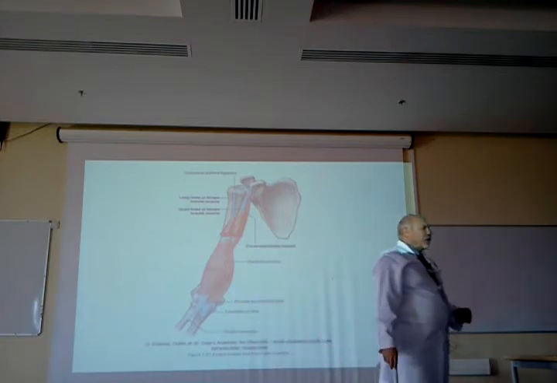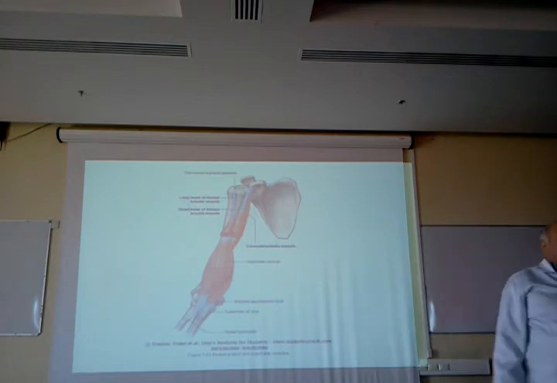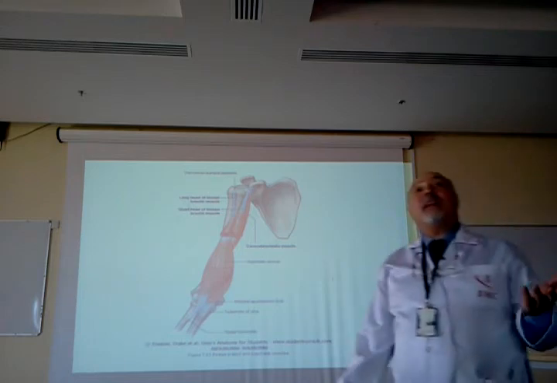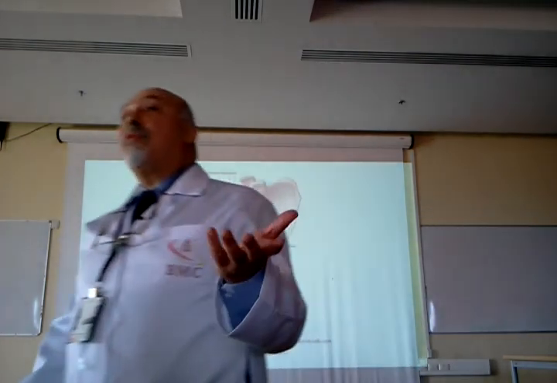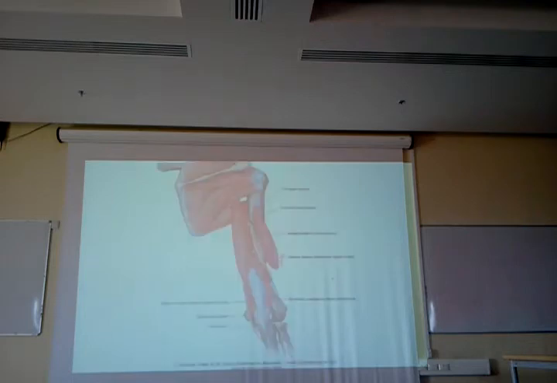This nerve arises from the lateral cord. If it arises from the lateral cord, that means it is lateral to the third part of the axillary artery. Immediately piercing coracobrachialis.